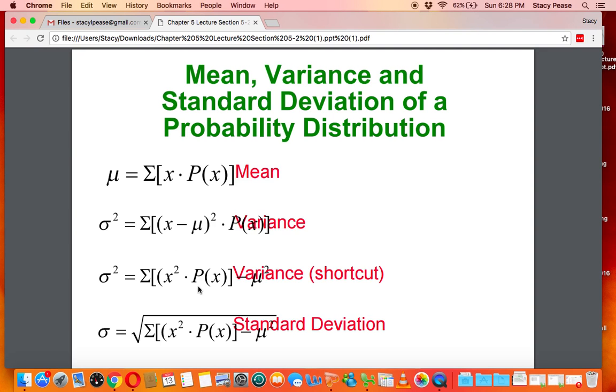Variance is calculated as an equation here as well. And variance is what is denoted by the symbol sigma squared here. And that's equal to the sum of x minus mu, which is our mean, squared, multiplied by the probability of x.